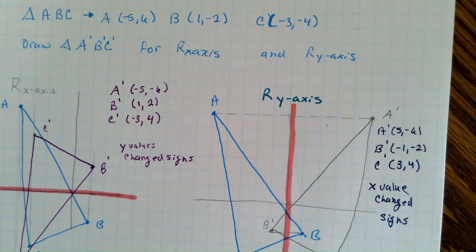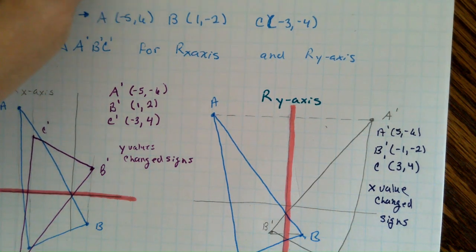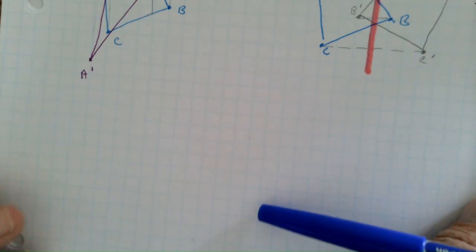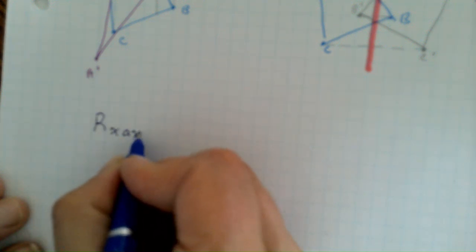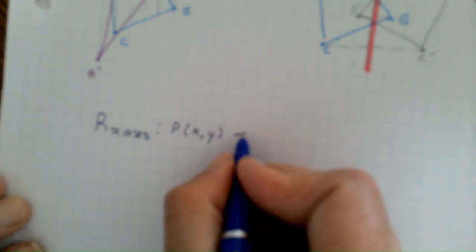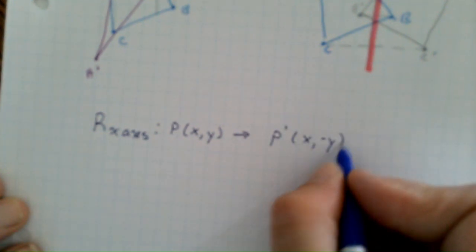So can you use that trick if you're trying to do that? Absolutely. Can you still go through the steps of draw my perpendicular line and measure the distance? Absolutely. But in summary, if you reflect over the x-axis, your point x comma y will map to a point of x comma negative y.